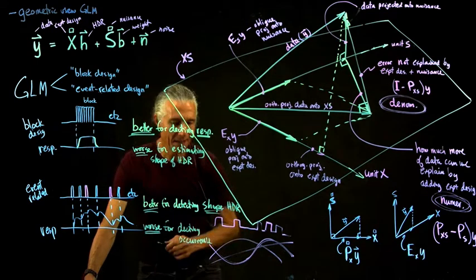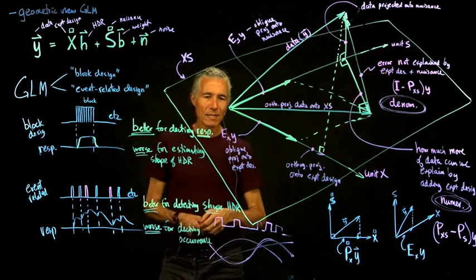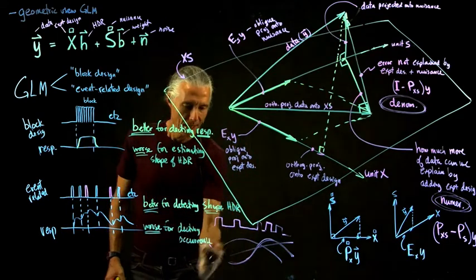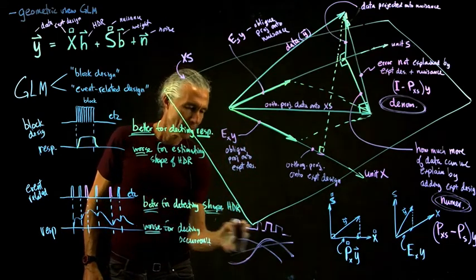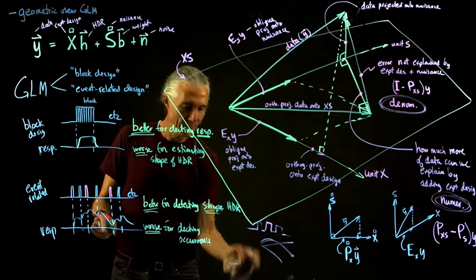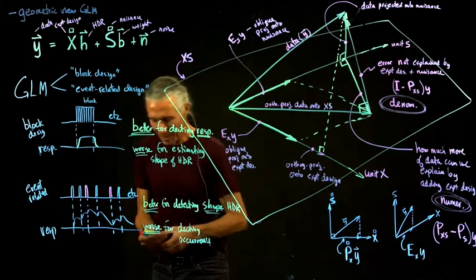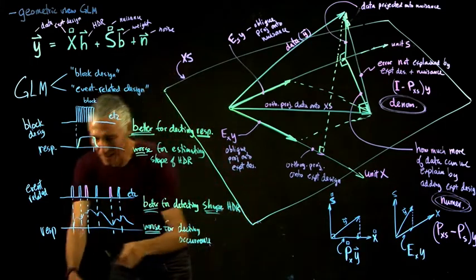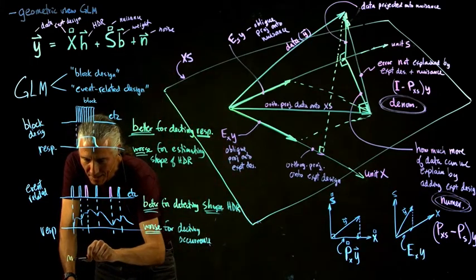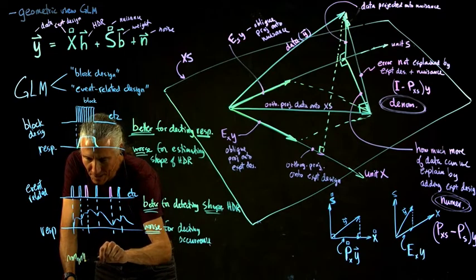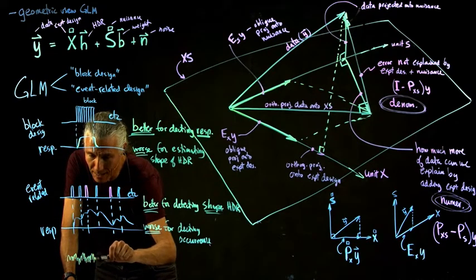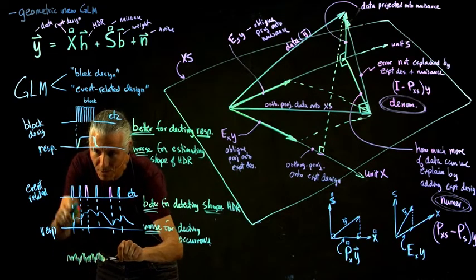And why is that? Well, let's imagine what our data actually looks like. I've drawn it out here as a perfectly smooth thing, but that's not actually what the data looks like. Here's the data. You're not doing anything. This is the off condition. Your heart is beating, you're breathing, and then you do one of these events.